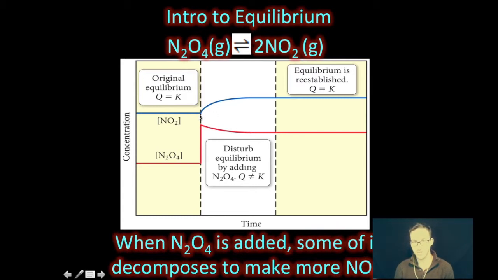So we put in this N2O4 and then we make more NO2, and as we make that NO2, we use up some of our N2O4. But notice we reestablish an equilibrium, and although these concentrations are different from what we had originally, the ratio between those two things is going to give us our same equilibrium constant value.